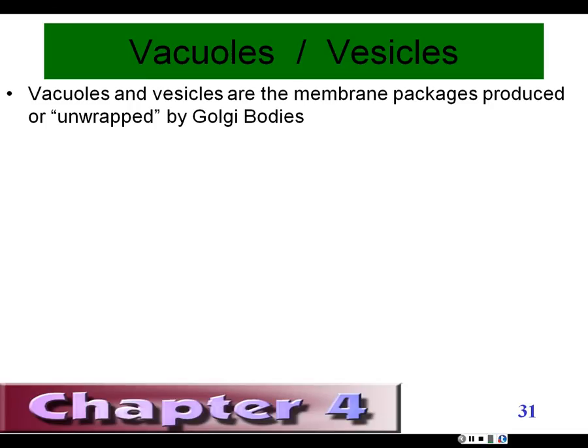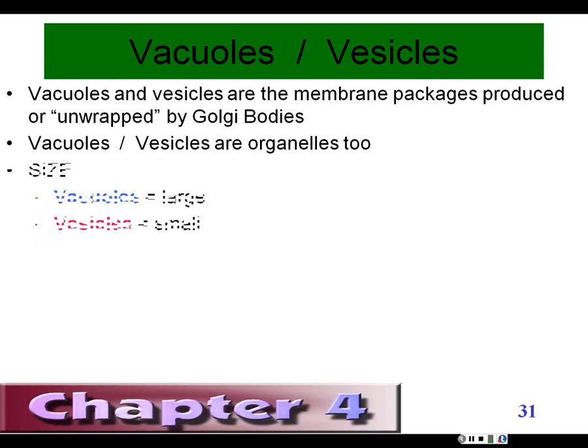So anything coming into the cell is automatically going to be unwrapped by the Golgi bodies. The main difference in vacuoles and vesicles is the size and what they actually house, okay? So they're organelles too. The biggest thing, again, is size. Vacuoles are usually large membrane packages, and vesicles are small membrane packages.